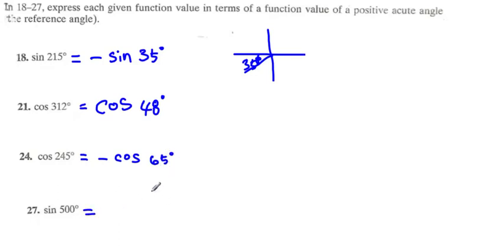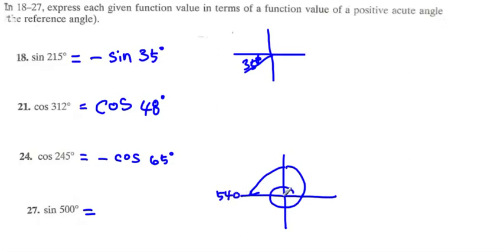How about 500? 500, if you think about it, one time around the circle will be 360. And if you go further up, then this becomes adding 90, which becomes 450, and if you have to go all the way here, it will be 540.